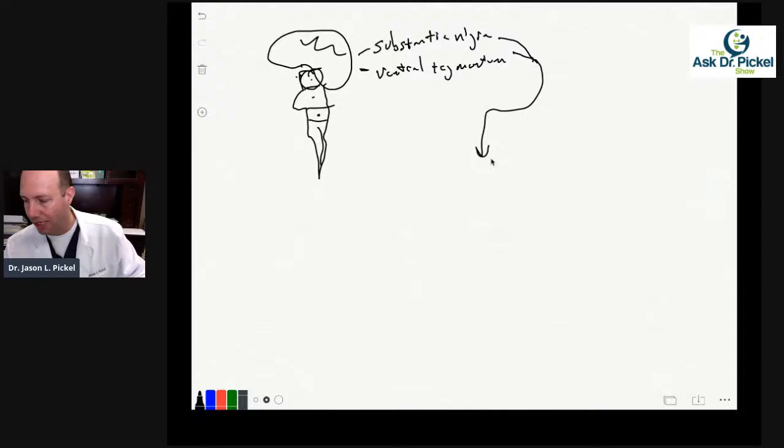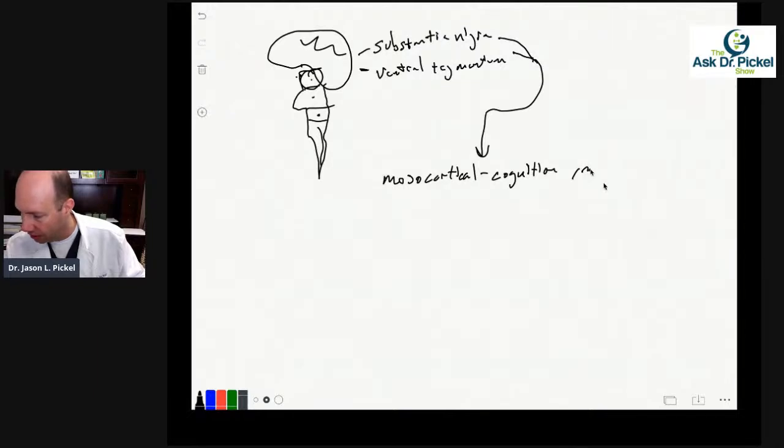So one of these pathways is called the mesocortical. All right, and this mesocortical, this more goes into cognition, motivation, and this would also be personality.